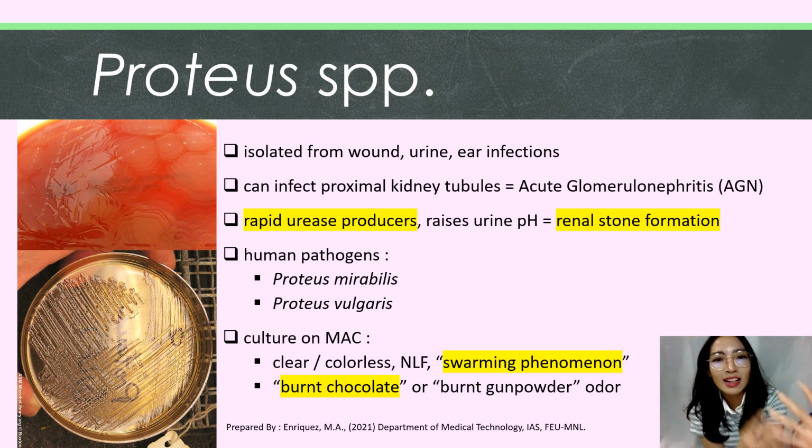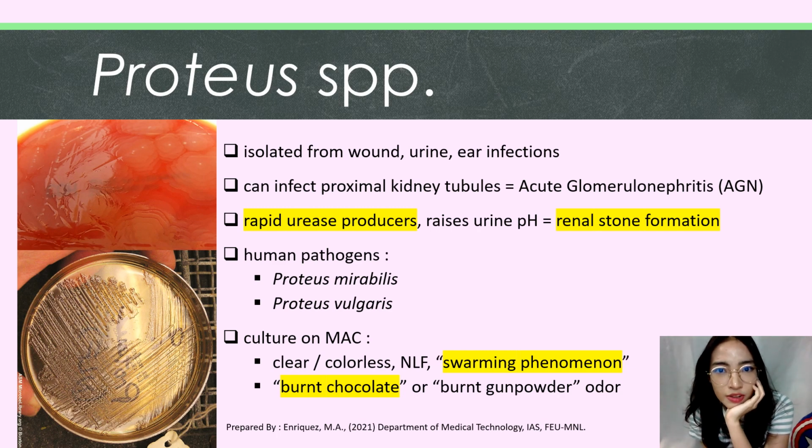Acidic, neutral, or alkaline man, pwede pong mag-form yung mga urinary crystals na yun. While some urinary crystals form in an alkaline environment. And one of those reasons that contribute to the formation of these urinary crystals that eventually turn into renal stones is, ayun nga po, yung alkaline environment that the Proteus species has created.